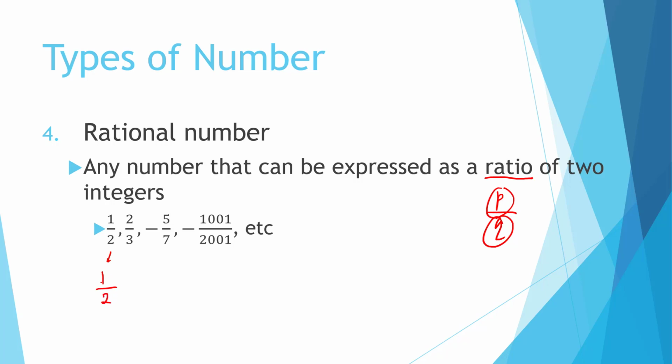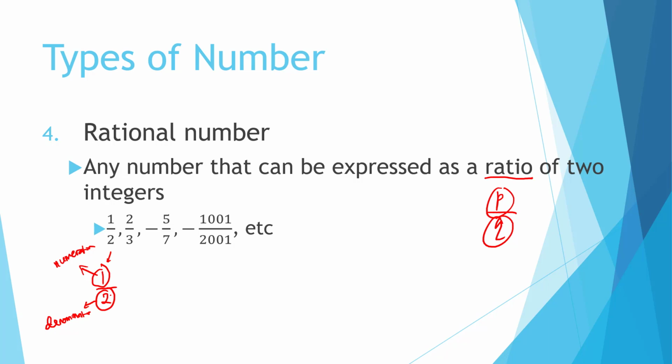When you see a fraction like 1 over 2, the one on the top we call the numerator, and this one here we call the denominator. So the numerator and the denominator should be whole numbers, integers.